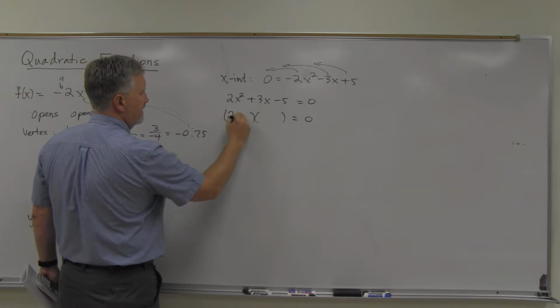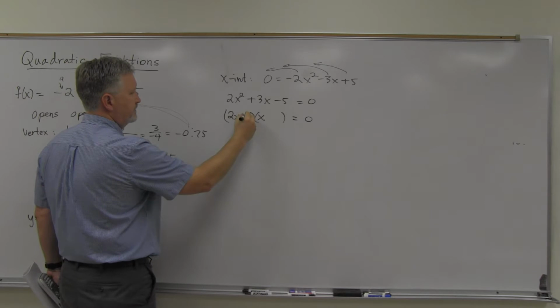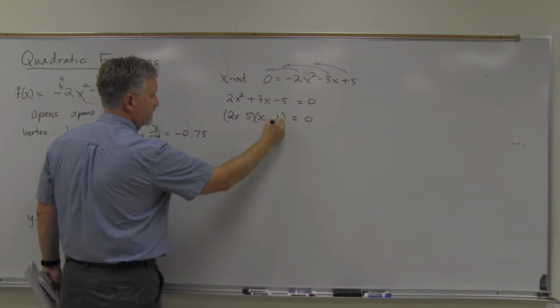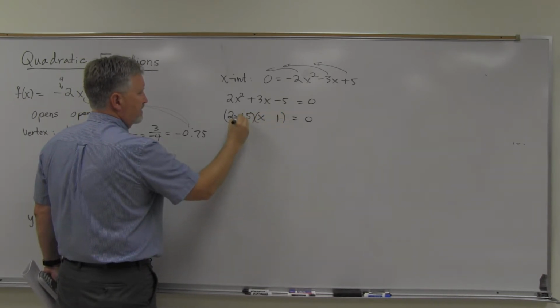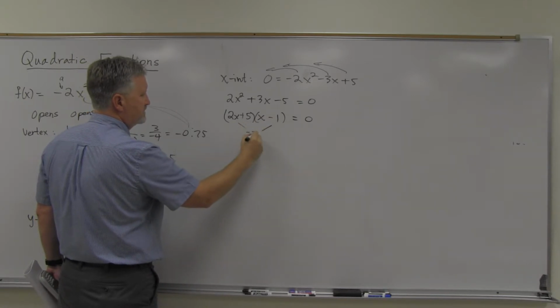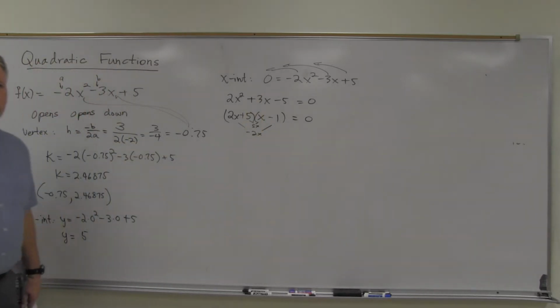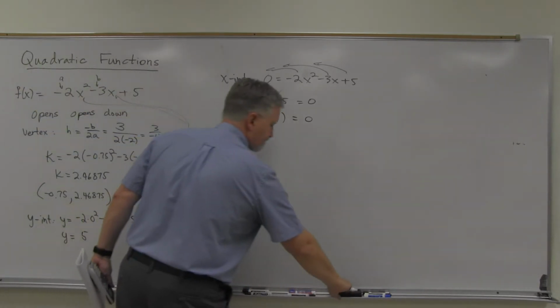Let's see, 2x, x. Then you got minus 5, so that's 5 and 1. I believe the 5 goes here and the 1 goes here, and it's a plus 5 and a minus 1 because that gives me minus 2x and positive 5x. You add those, you got 3x. Is that okay?